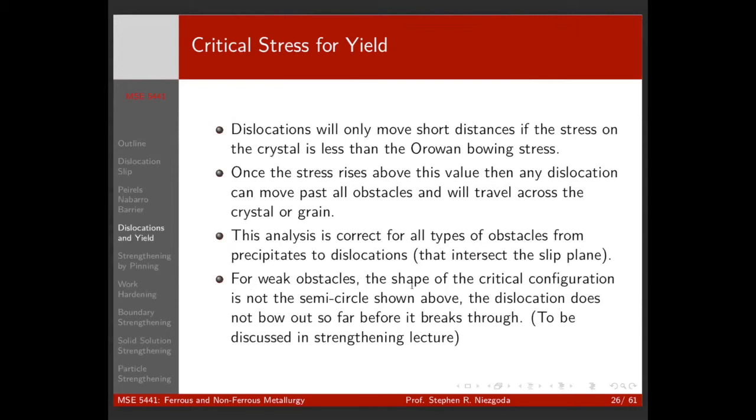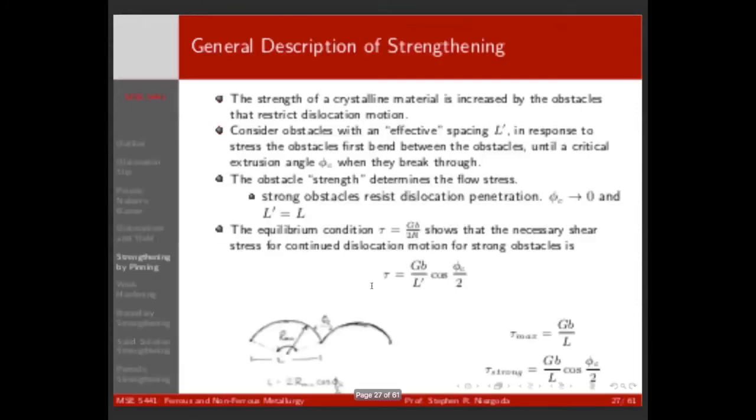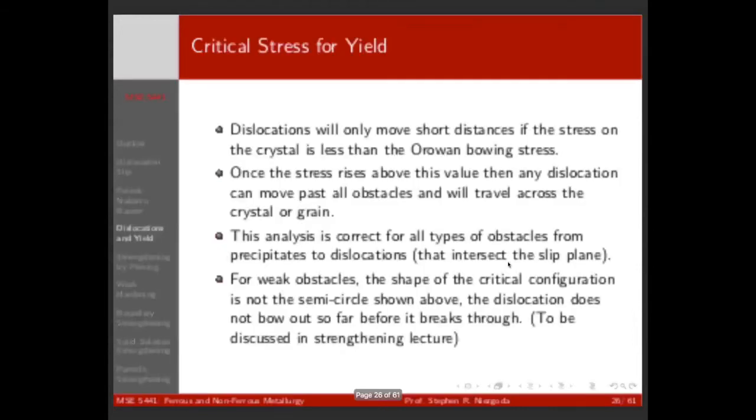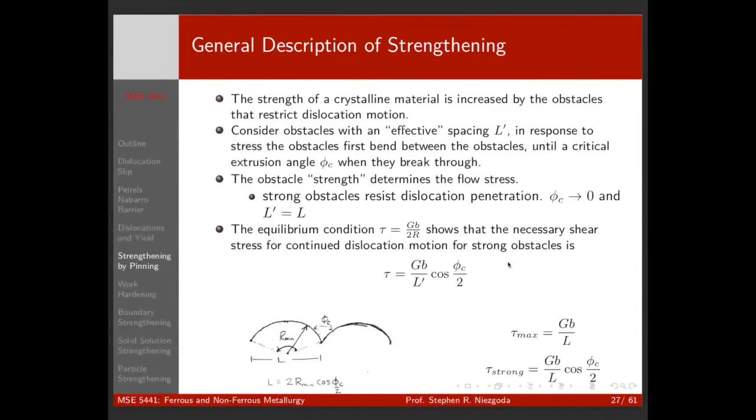For weak obstacles, if our obstacle is fairly weak and easy to get around, or easy to cut through, we don't need to go all the way to this semicircle configuration. We can cut through at a lower degree of curvature. So if we have weak precipitates where the cutting strength is less than the Bowing strength, we don't need to actually get all the way here. We can cut through earlier.